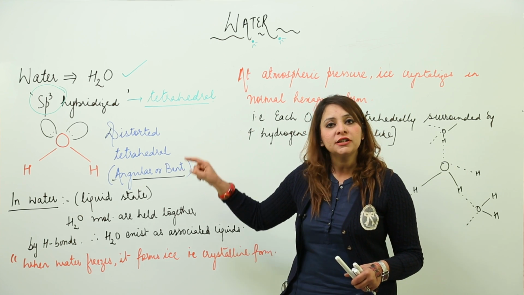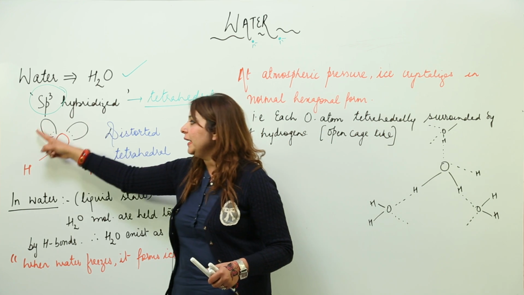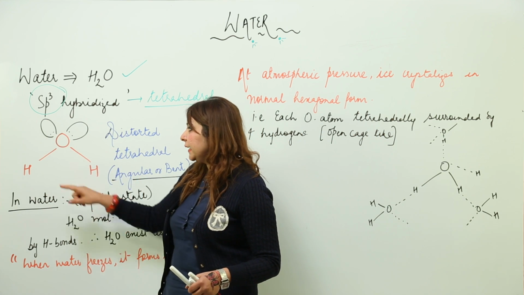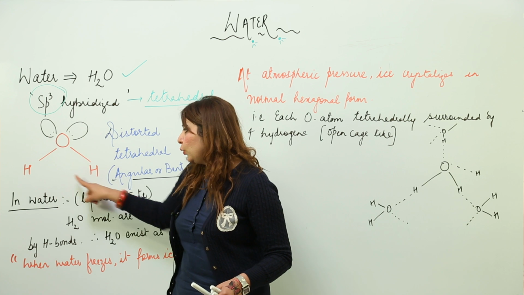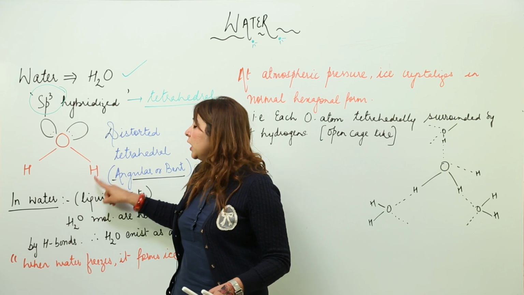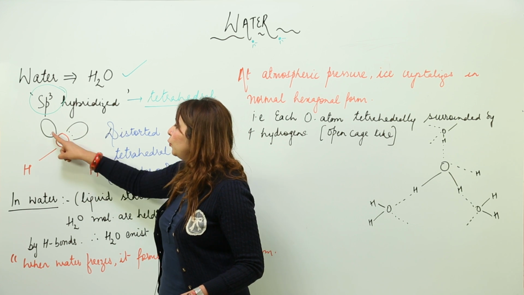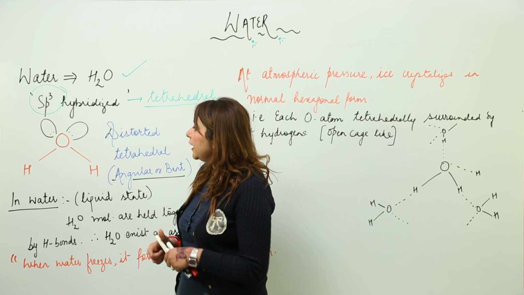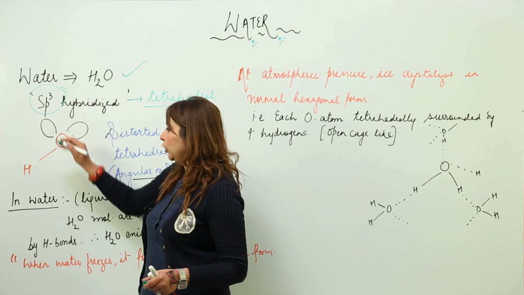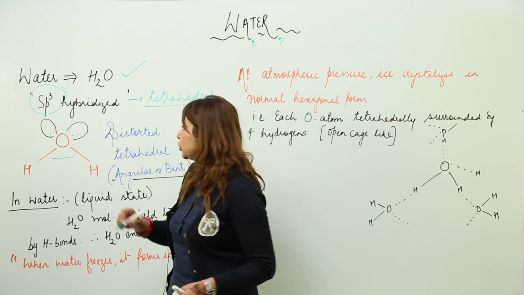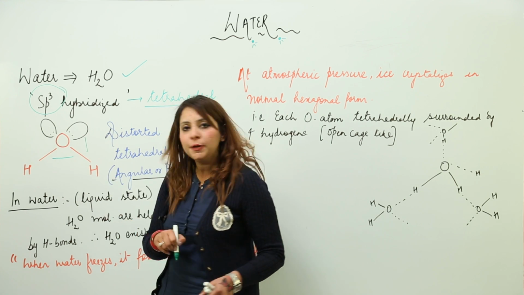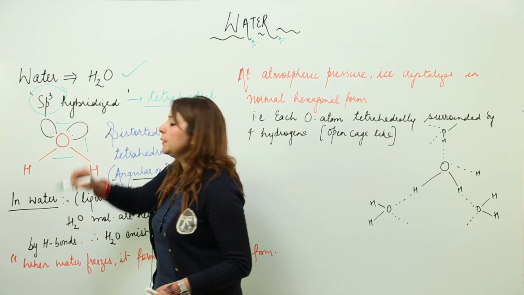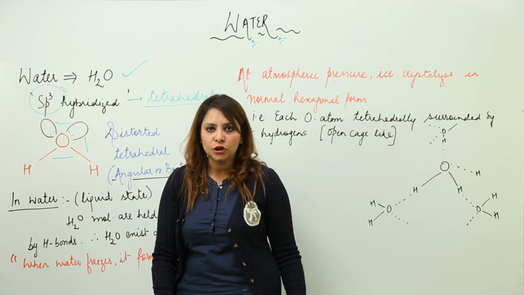So when we look at the structure of water, it comes out to be like this, right? As you can see, there is one oxygen and two hydrogens held by covalent bonds, and also you can see that two bond pairs here are replaced by lone pairs. So in this molecule there is a repulsion between bond pair and bond pair, between bond pair and lone pair, and between lone pair and lone pair.